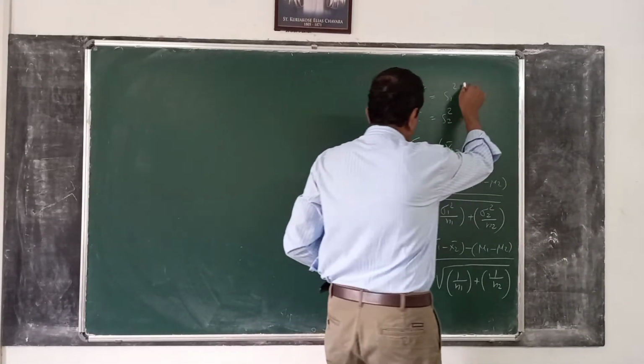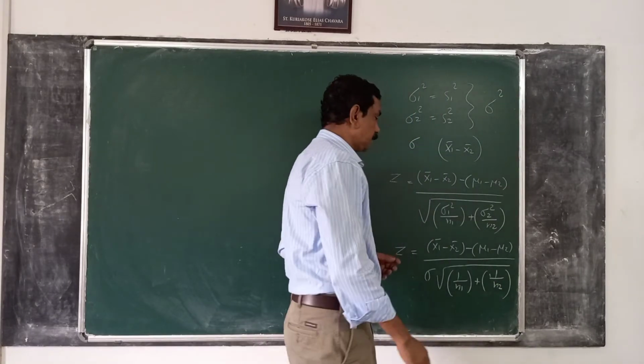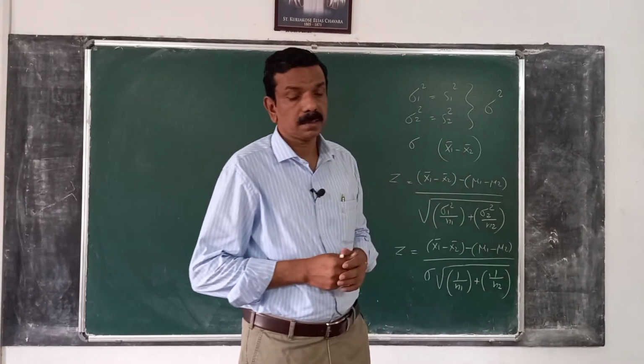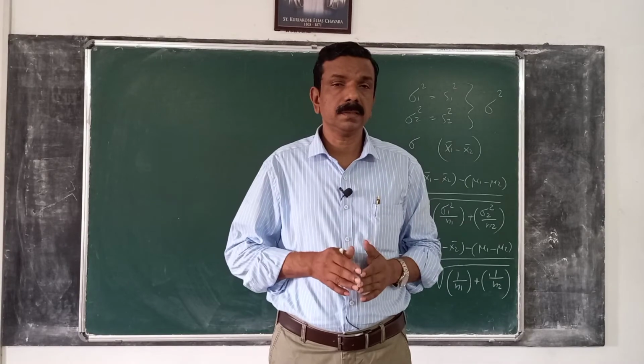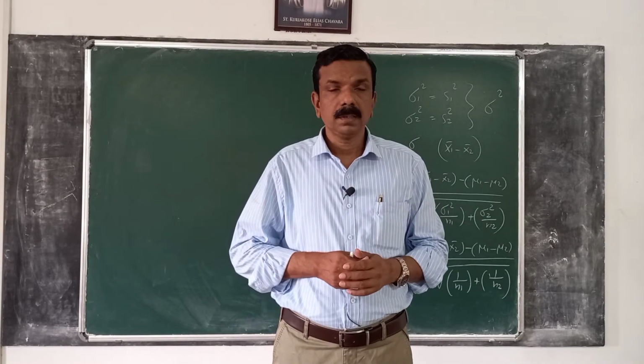These are taken as estimates of sigma square, because we assume that sigma 1 square is the same as sigma 2 square. Population standard deviations or population variances are assumed equal.